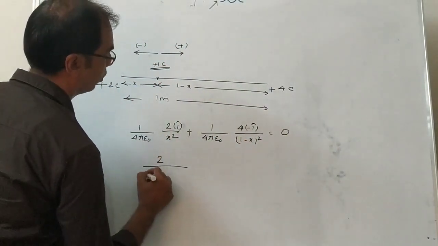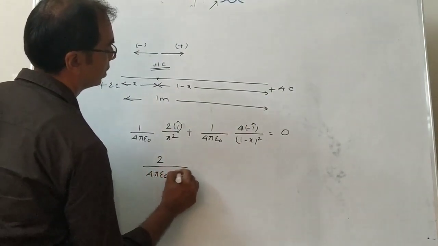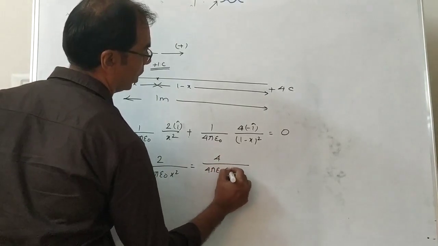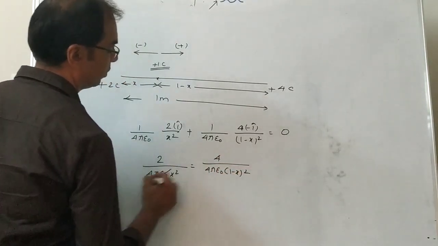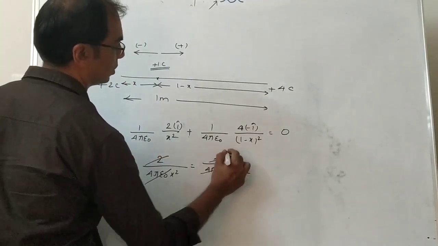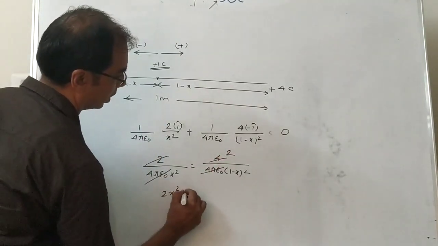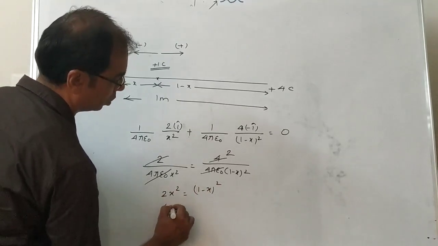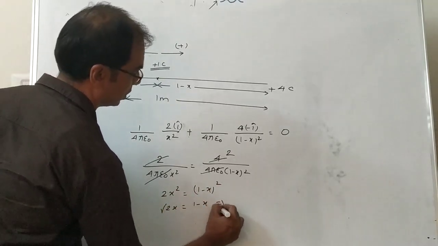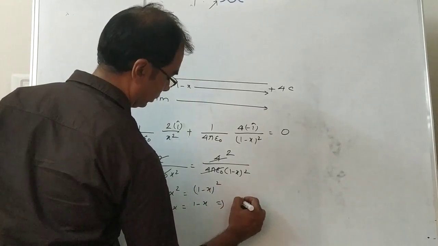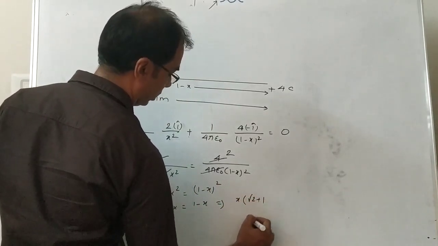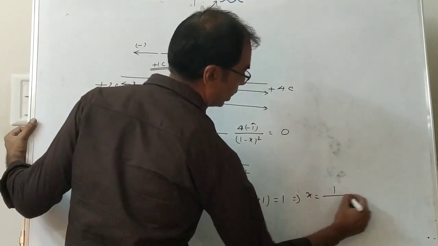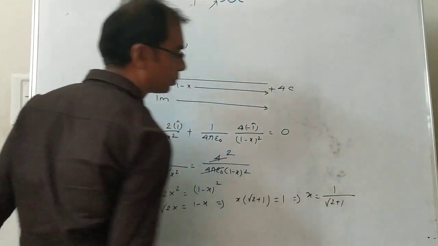So it's 2 by 4 pi epsilon naught x square equal to 4 by 4 pi epsilon naught 1 minus x whole square. 4 pi epsilon naught cancelled. This is 2. So 2x square equal to 1 minus x whole square. Square root of this, root 2 x equal to 1 minus x. So x into root 2 plus 1 equal to 1. So x value is 1 by root 2 plus 1.